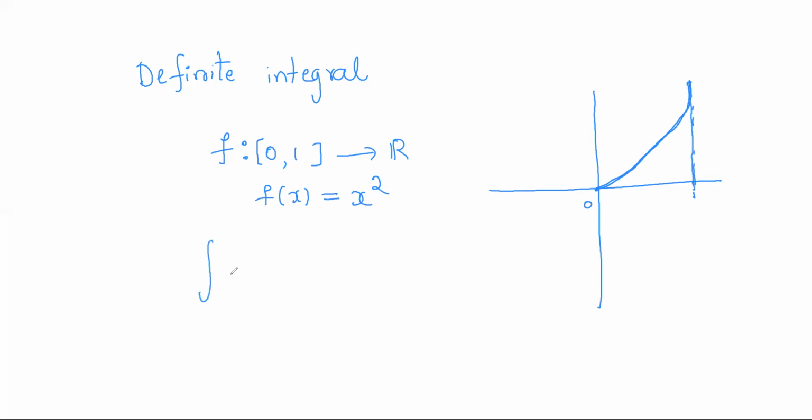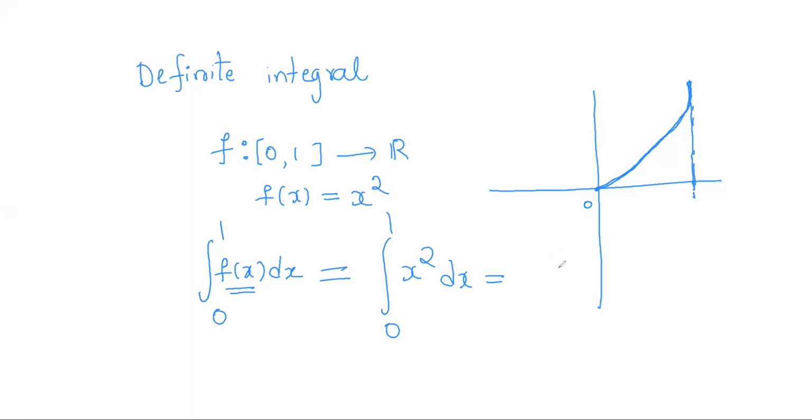Now, if you integrate f of x dx from 0 to 1, you know how to integrate it. The integration of f of x is nothing but x square from 0 to 1. The integration of x square is what? It is the function whose differentiation is x square.